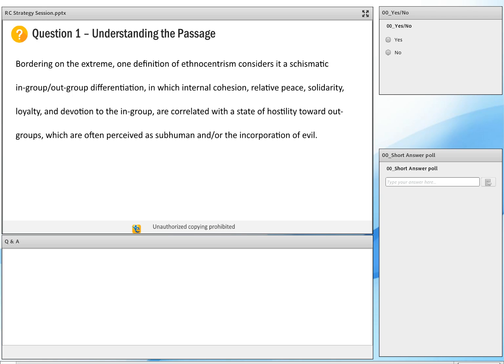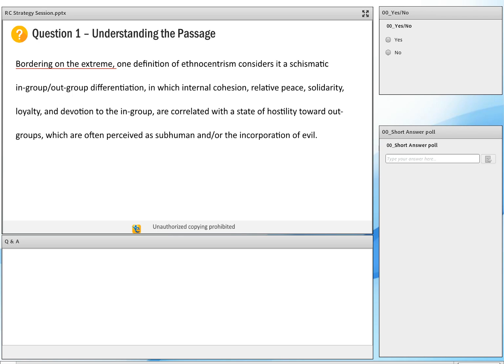Bordering on the extreme, one definition of ethnocentrism. Now, bordering on the extreme, what does this part describe? It's a modifier. What does it describe? Ethnocentrism or definition? Okay.